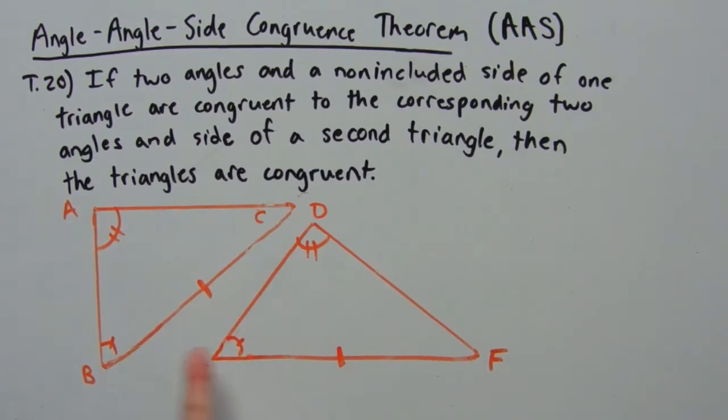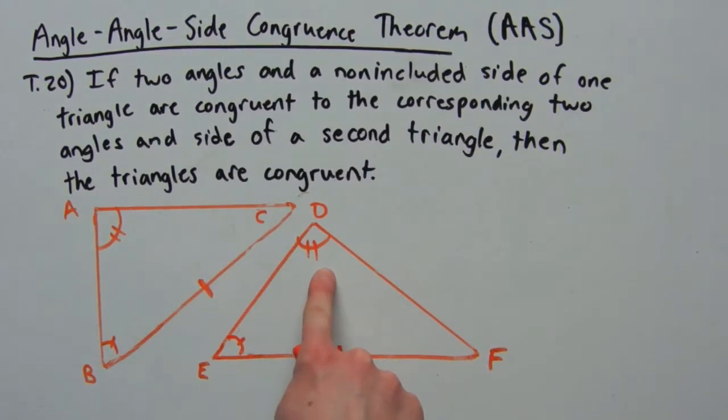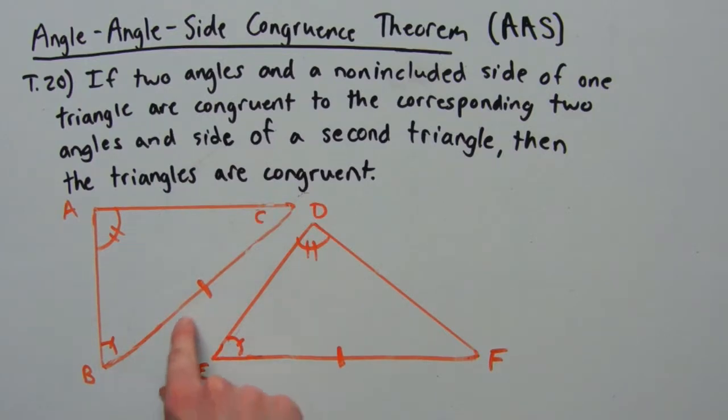So we have angle B congruent to angle E, angle A congruent to angle D, and segment BC congruent to segment EF. And that is given in this theorem. Now we need to prove that these two triangles are congruent.